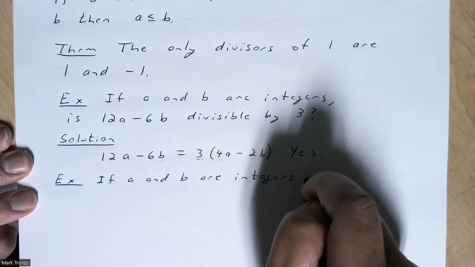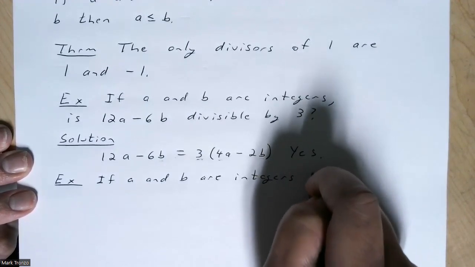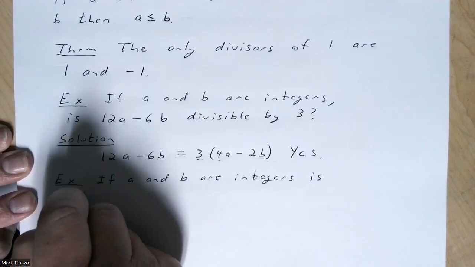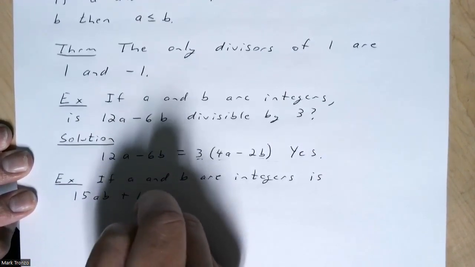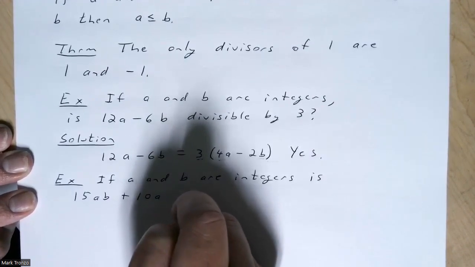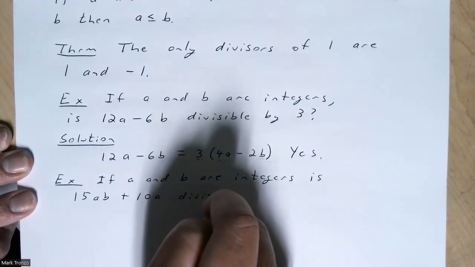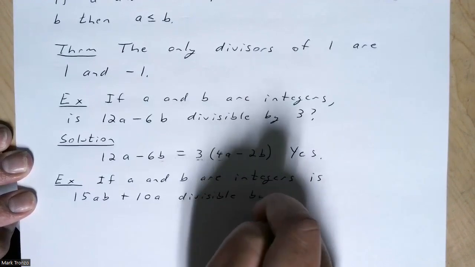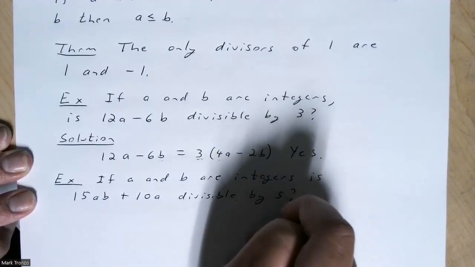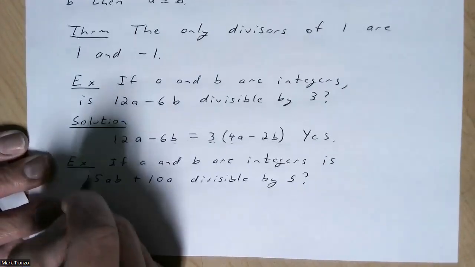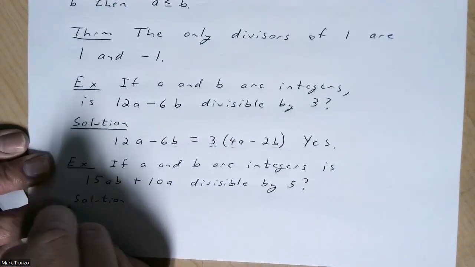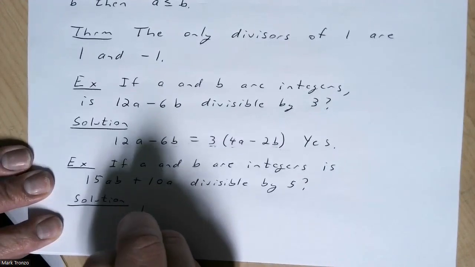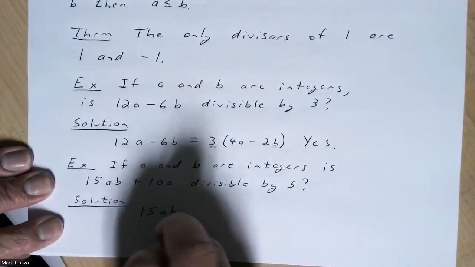So if A and B are integers, is 15AB plus 10A divisible by 5? And once again, see if we can factor out a 5.